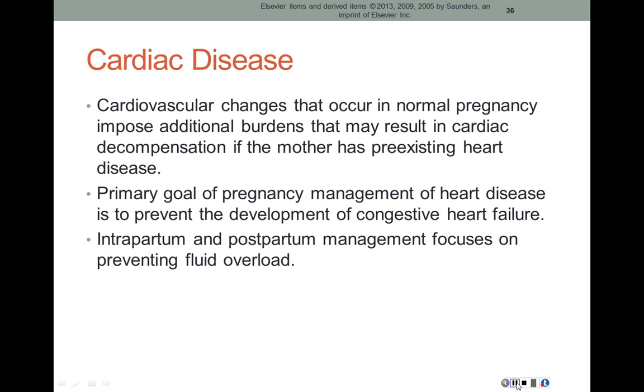So if you need to review congestive heart failure from last semester, I would advise you to do that. Intrapartum and postpartum management focuses on preventing fluid overload. Because remember, we're going to be giving IV fluids and we're going to want to make sure she's hydrated, but we got to make sure we're not giving her too much and she goes into fluid overload.